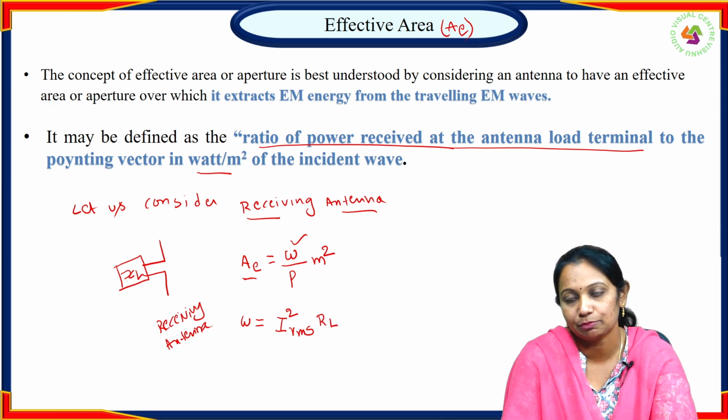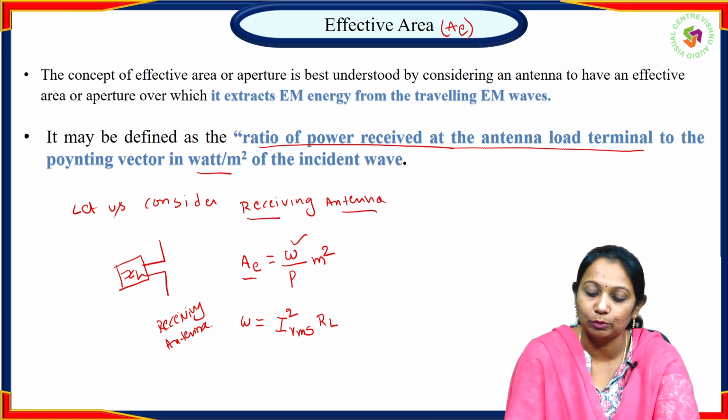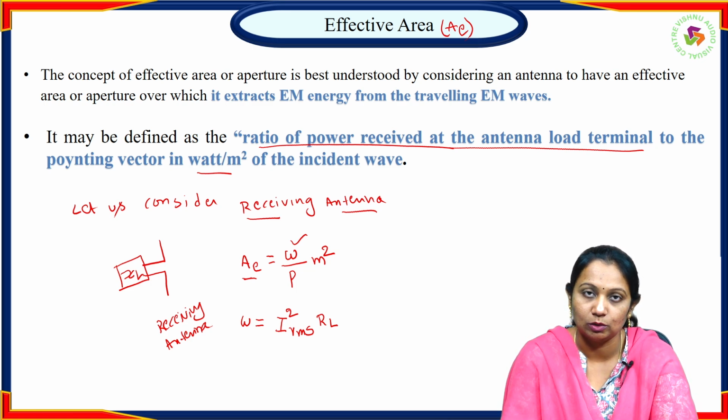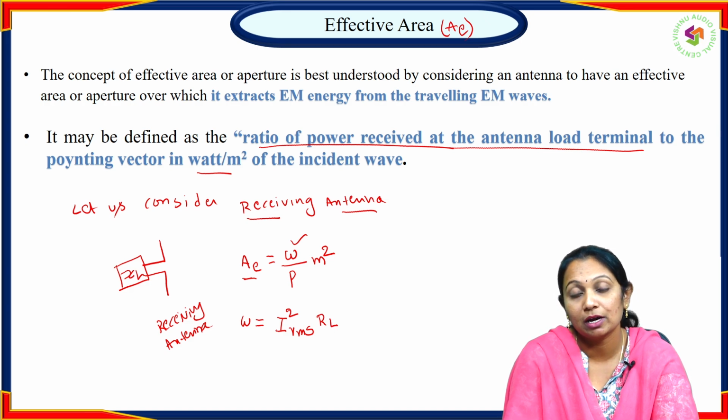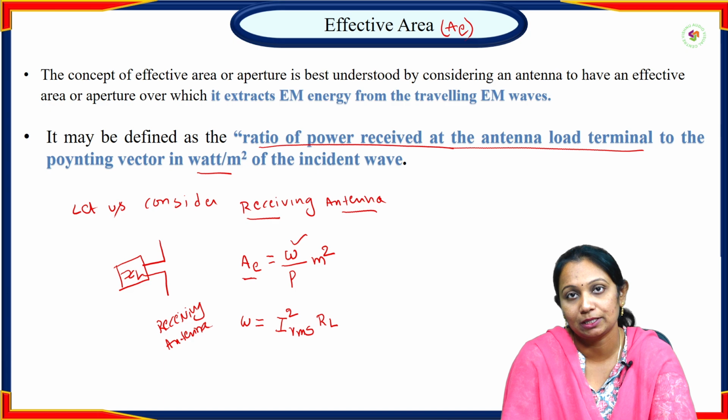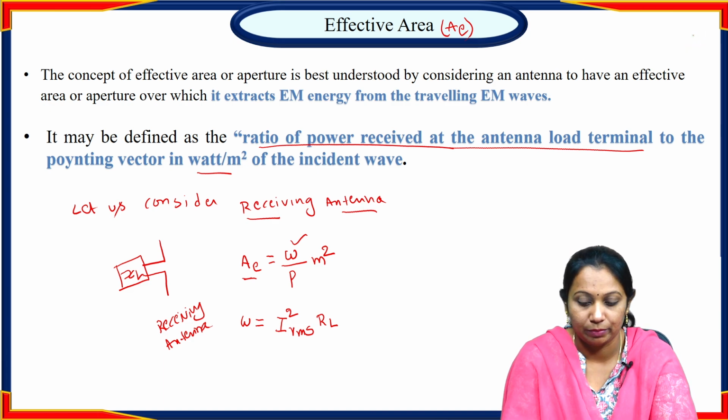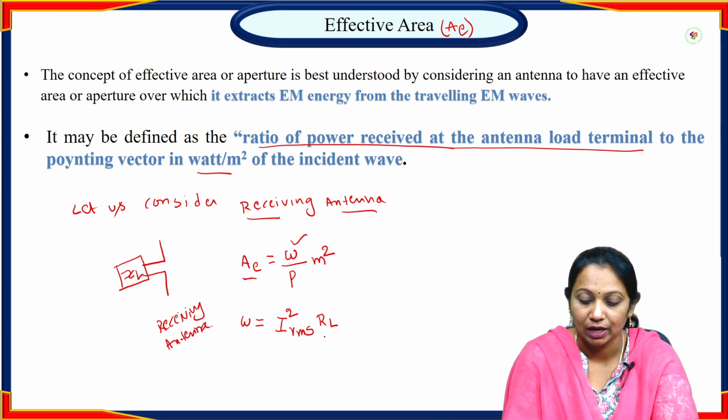This is the generalized expression for power. The same concept applies to the antenna. W is equal to I square R, so I square RMS times RL, because we terminate the receiving antenna with the load impedance, which I consider as RL.